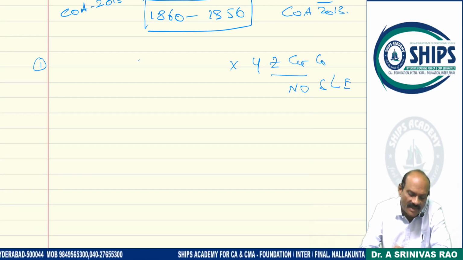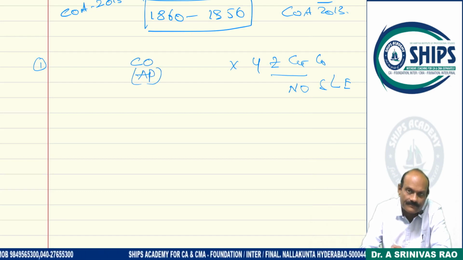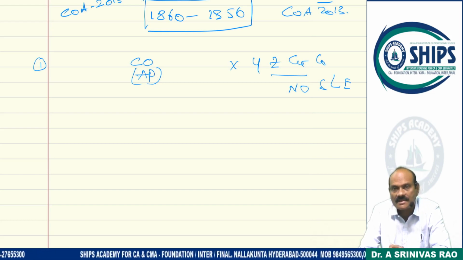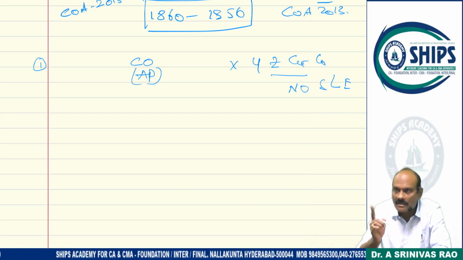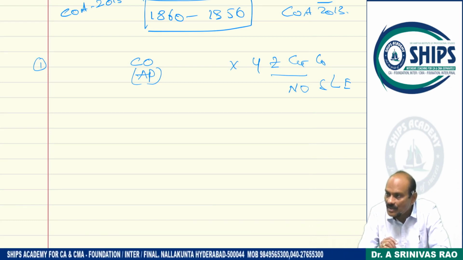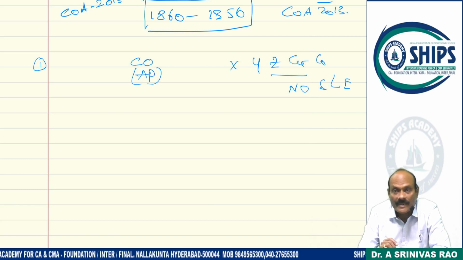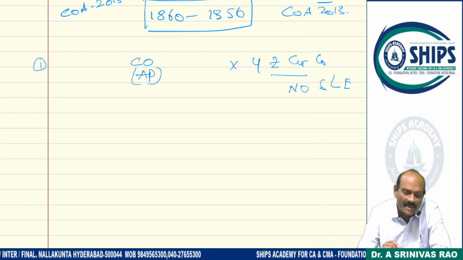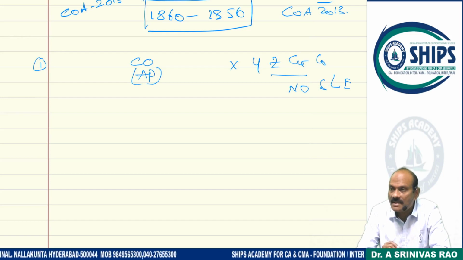Whereas a company is an artificial person, a legal person. We are all natural persons. We have the body, we have the soul. But a company is an artificial person. No body, you cannot see a company. But a company is an artificial person in the eyes of the law.